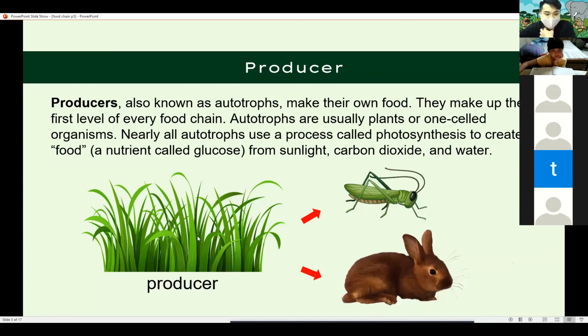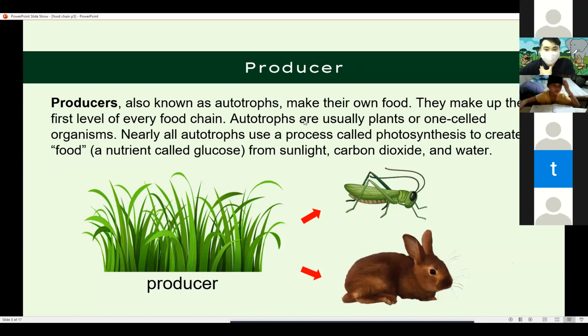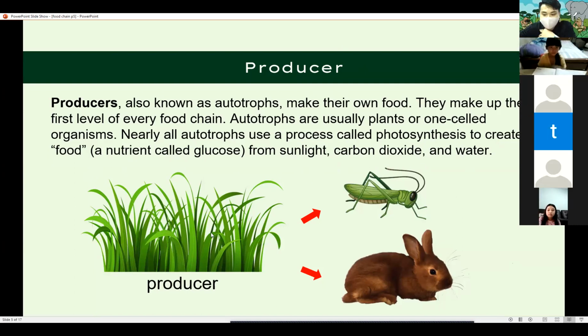So producers are plants only. Autotrophs are usually plants or one-celled organisms. Nearly all autotrophs use a process called photosynthesis to create food from sunlight, carbon dioxide, and water. So they get food only from the sunlight, carbon dioxide, and water.